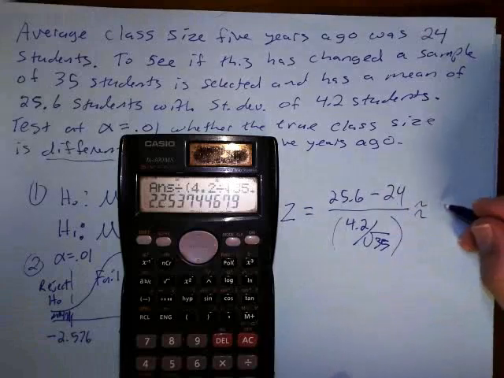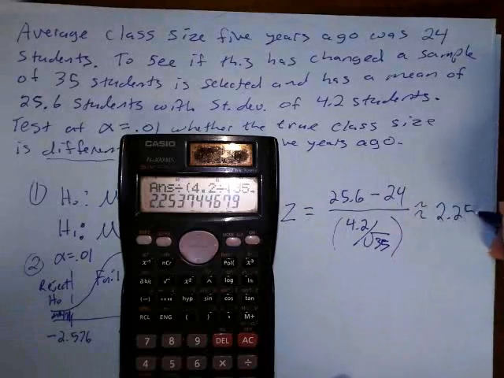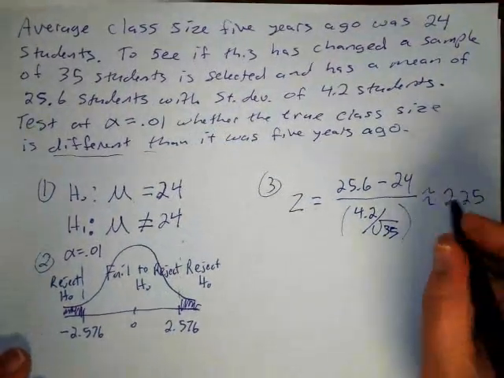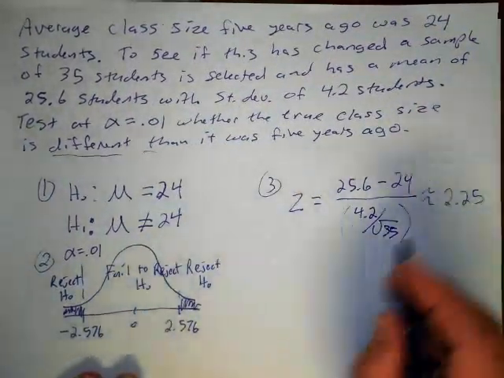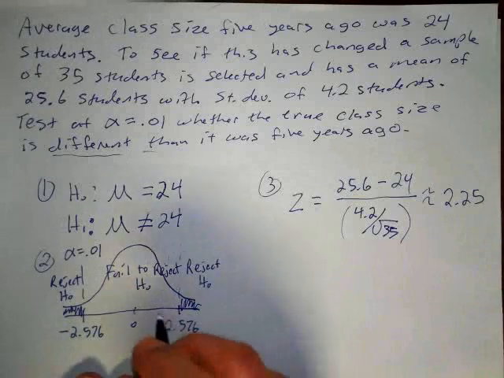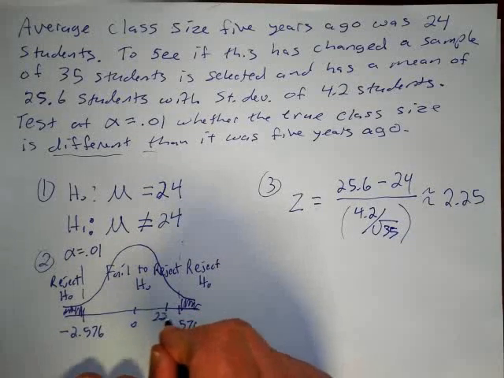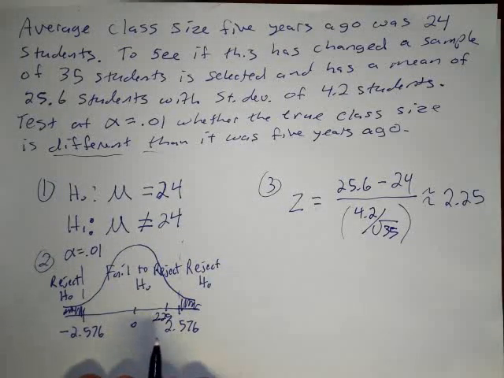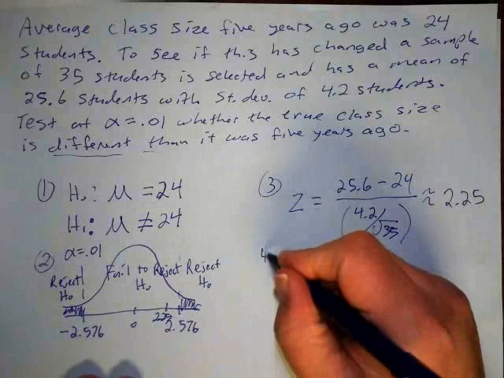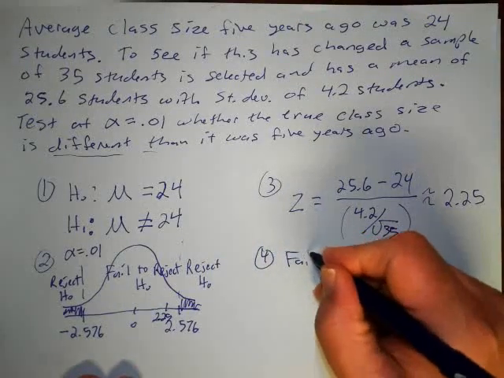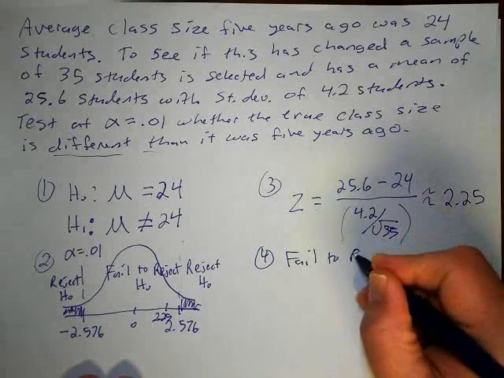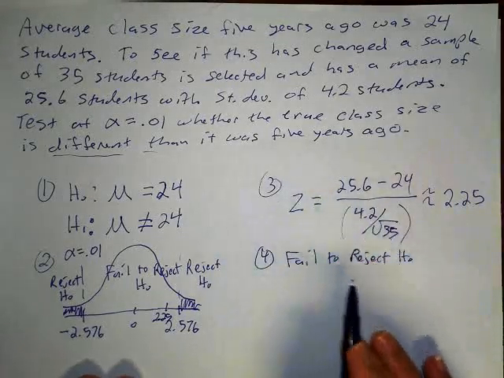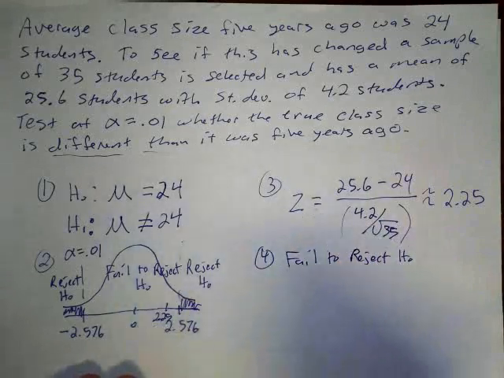And I get, in this case, a positive 2.25. So now I need to compare this to my rejection region, and this is actually less than this. It would be like right here, and that means I'm in the fail to reject H naught. Okay, so my decision here would be fail to reject H naught. So this particular sample here did not give me enough evidence to reject H naught.